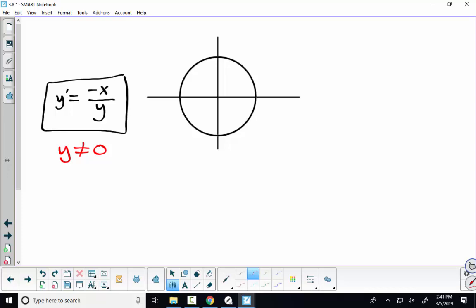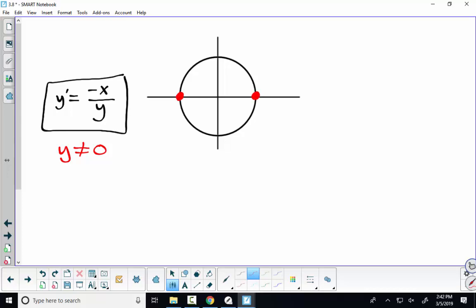So the two locations on the unit circle where y is 0 are which ones? The x-intercepts. So the derivative is not defined here, and the derivative is not defined here.